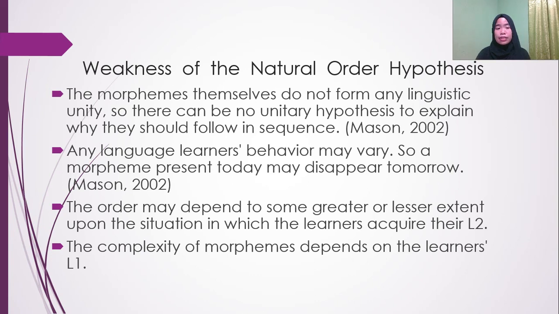He also said any language learner's behavior may vary, so a morpheme present today may disappear tomorrow. The order may depend to some greater or lesser extent upon the situation in which the learners acquire their second language. Last one, the complexity of morphemes depends on the learner's first language.